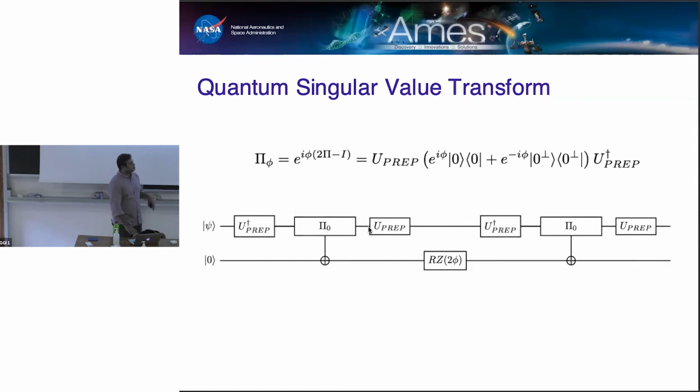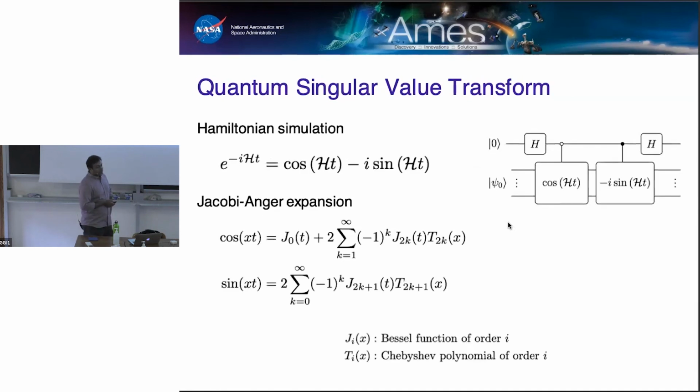I wanted to be explicit about that, but of course, when you actually implement this on a device, you would notice that UPrep times UPrep dagger over here just compose to the identity, so you don't actually do anything in this part. But just to be pedantic and explicit about it, this is the way it decomposes.